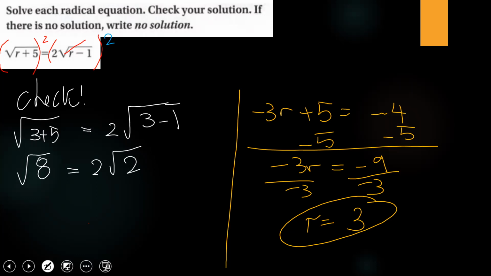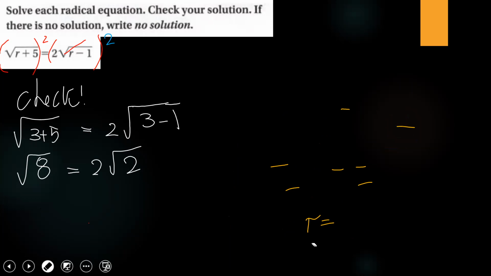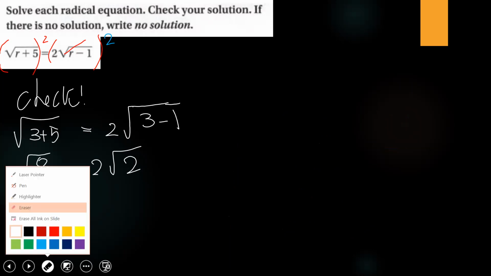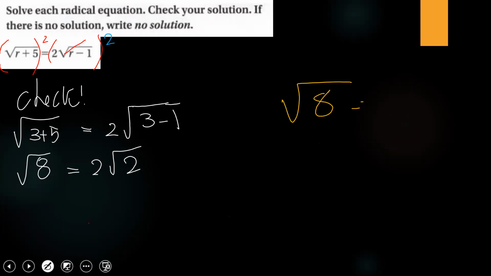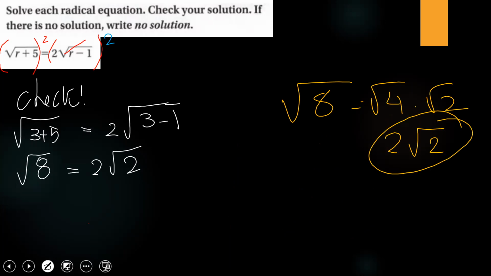Let's simplify to see if it equals 2 square root of 2 or not. 8 is not a prime number; it is a composite of 2 numbers, one of them is not prime: 4 and 2. And the square root of 4 is 2, times square root of 2. So square root of 8 can be written as 2 square root of 2. So it is correct. So this will be the solution.